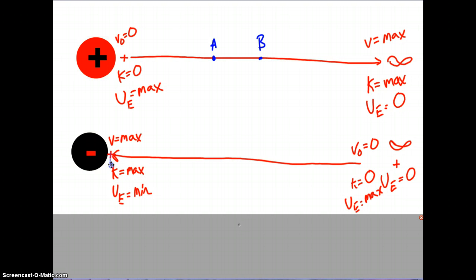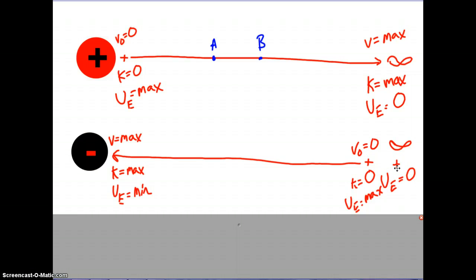Now, this is a point of confusion, because how can a charge, the test charge, go from having 0 electric potential energy to its max value in basically a very, very, very small distance?